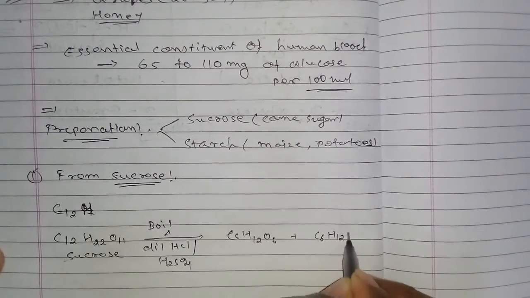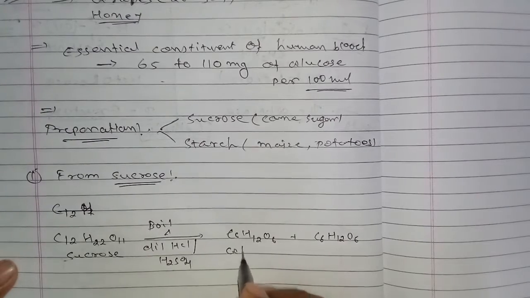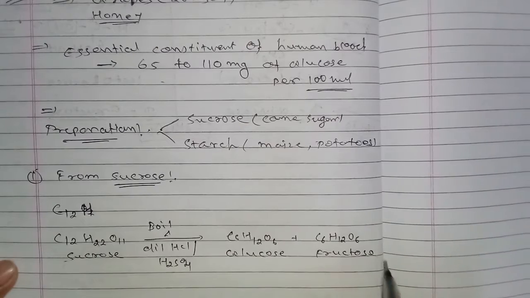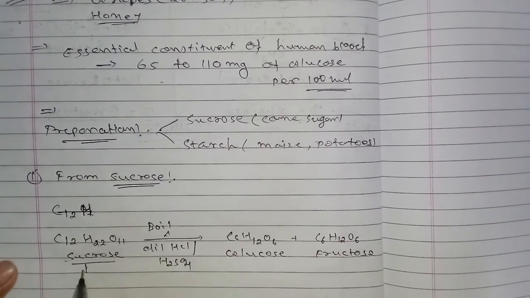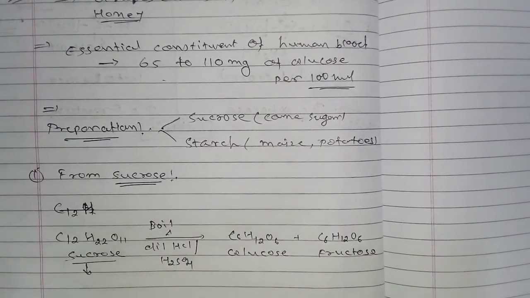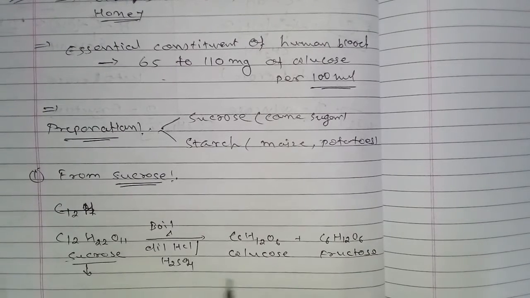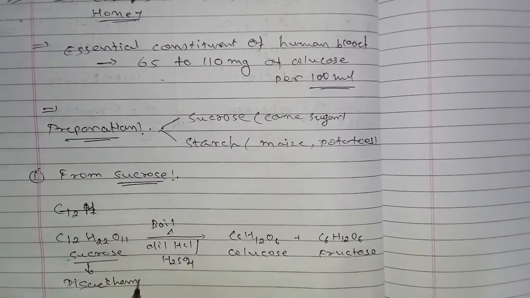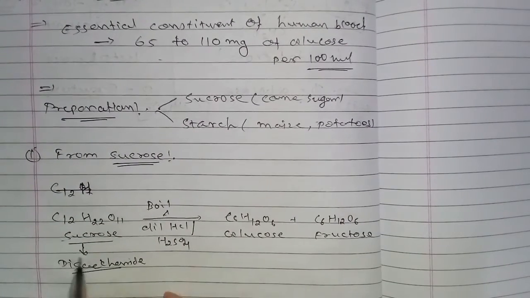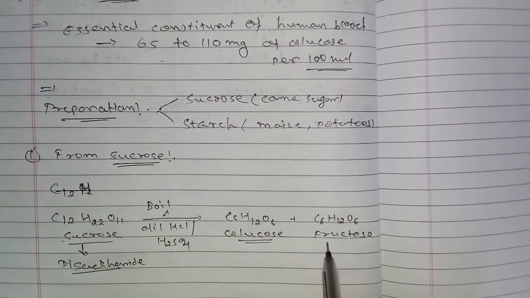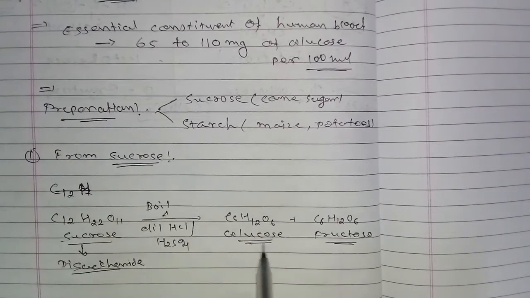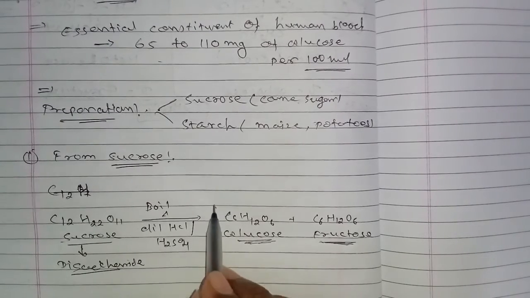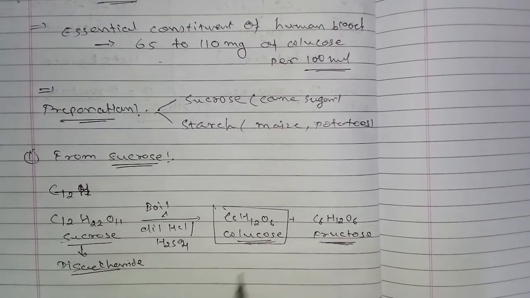One mole of glucose and one mole of fructose are obtained. So sucrose is a disaccharide, which hydrolyzes into two different molecules, glucose and fructose, and the main product is glucose.